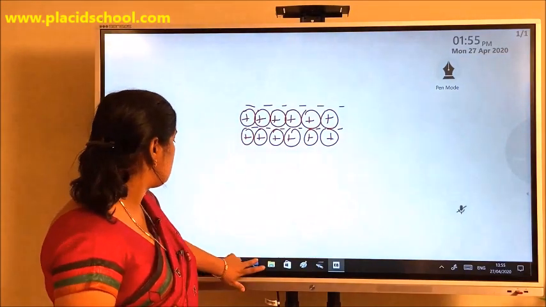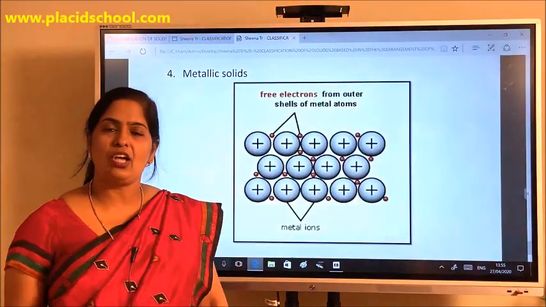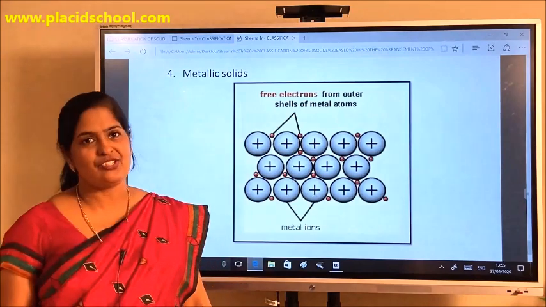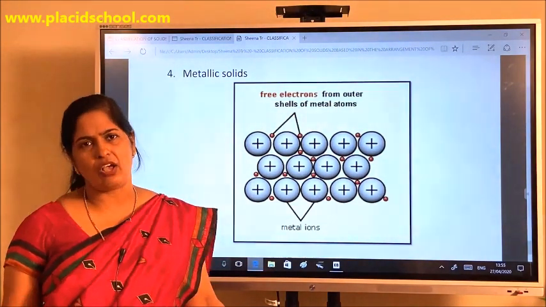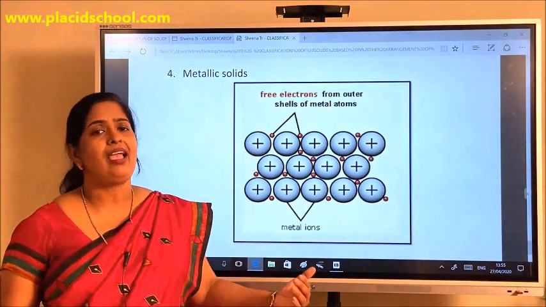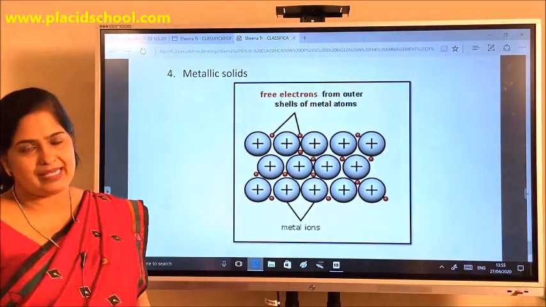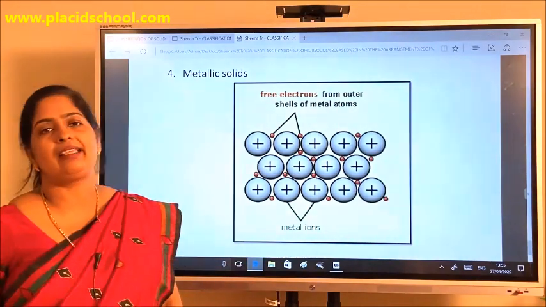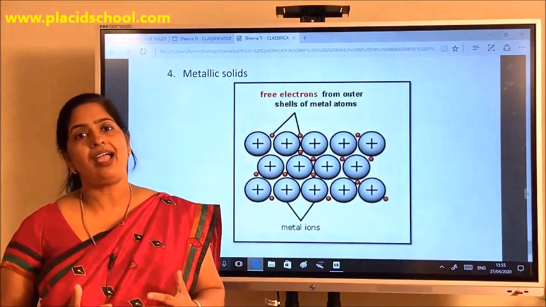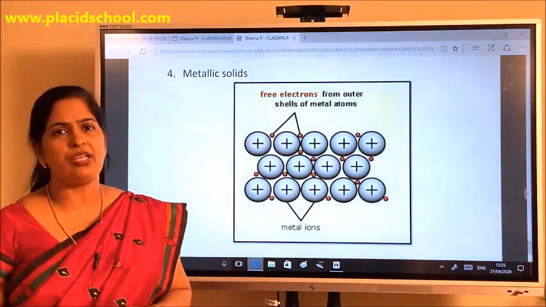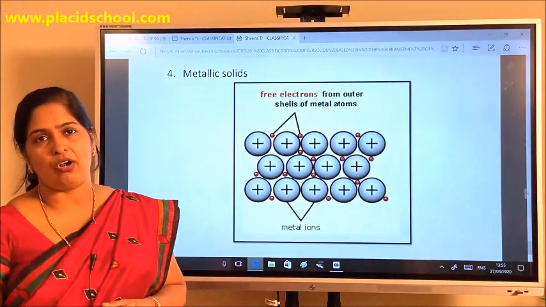So about metallic solids, the general characteristics are: metals are hard as well as soft. A few metals are hard and another category of metals are soft. The second characteristic is they have moderately high melting point and boiling point because of this metallic bonding.